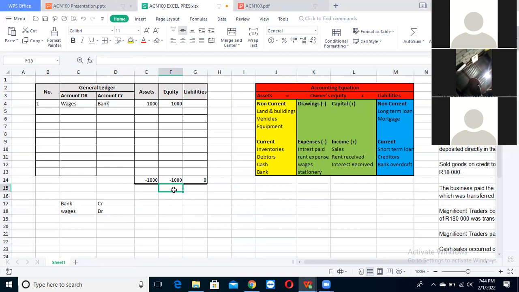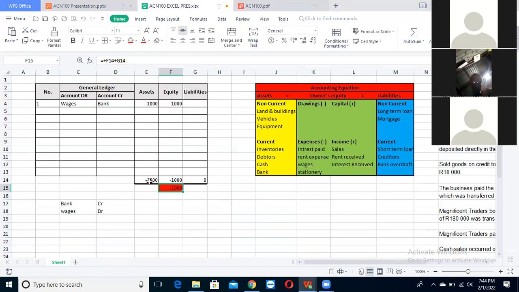So how do we know that our equation is in balance? We've said that the assets should be equal to the equity and liabilities combined. So what I want to do right now is create a cell here with the addition of total assets and total liabilities.